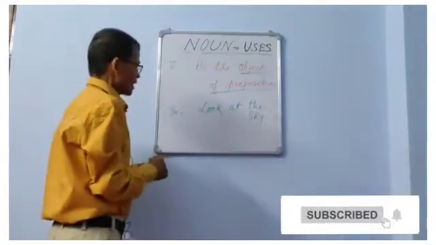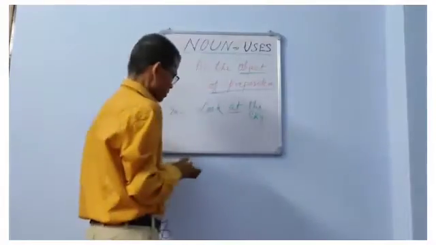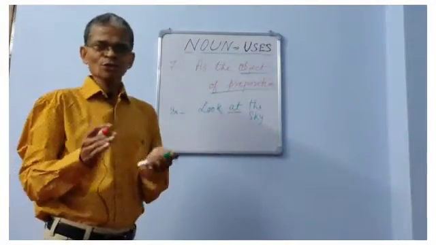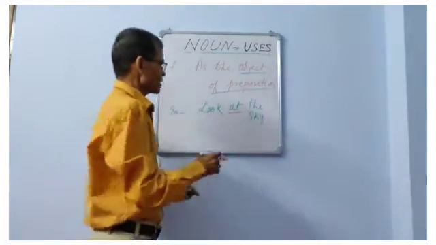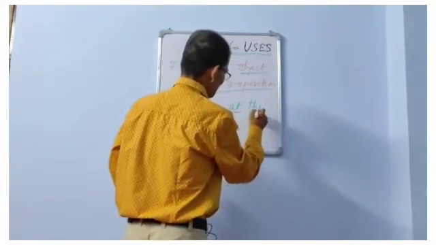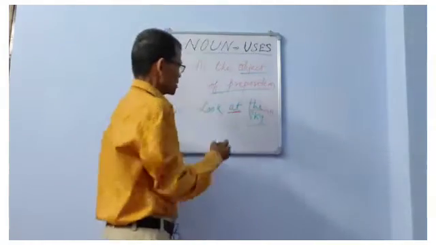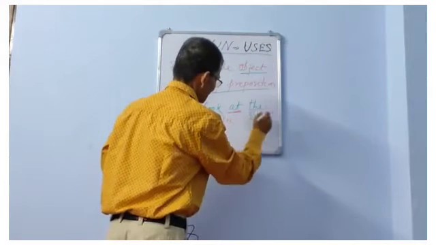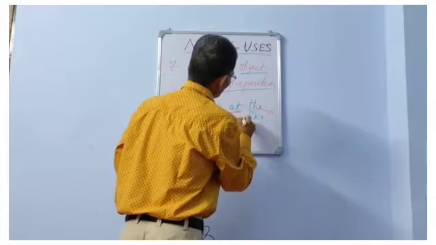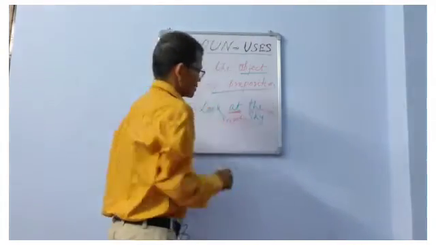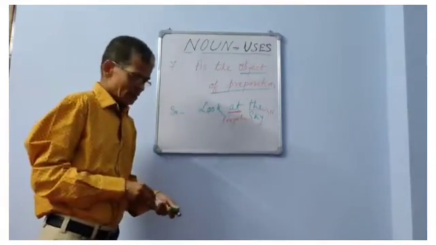Here, at is the preposition, because we know prepositions are such words which are used before the noun. Now here the sky is the noun, and before this noun the preposition is used, and therefore sky is the object of the preposition at. This is the seventh use of nouns.